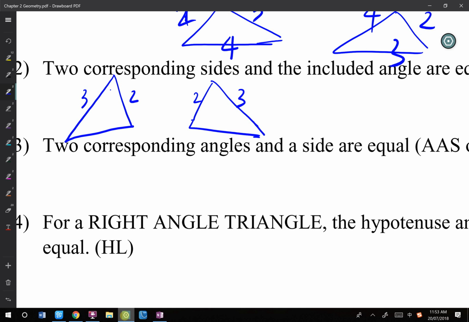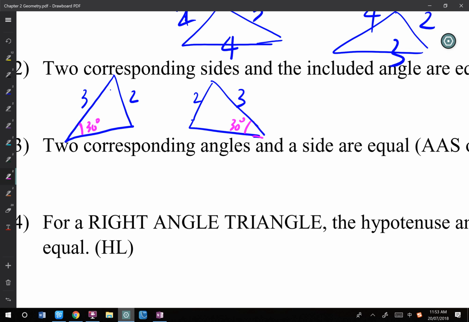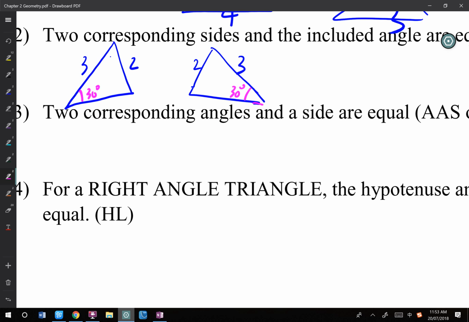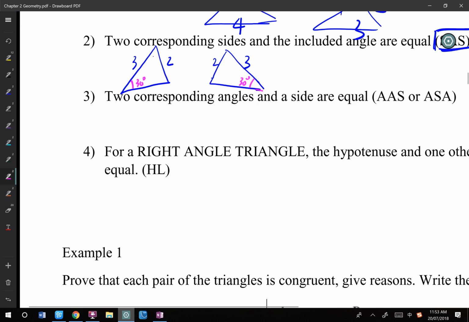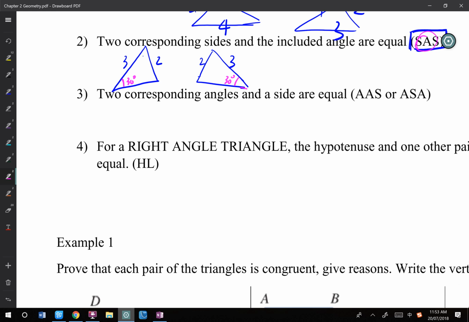Now I want a piece of information for the angle. Well, you can see they have 2 angles that are the same, right? But can you say they are congruent? Are they congruent triangles? Does it satisfy the condition? What did I say about this angle? This angle must be where? In between the 2 sides.